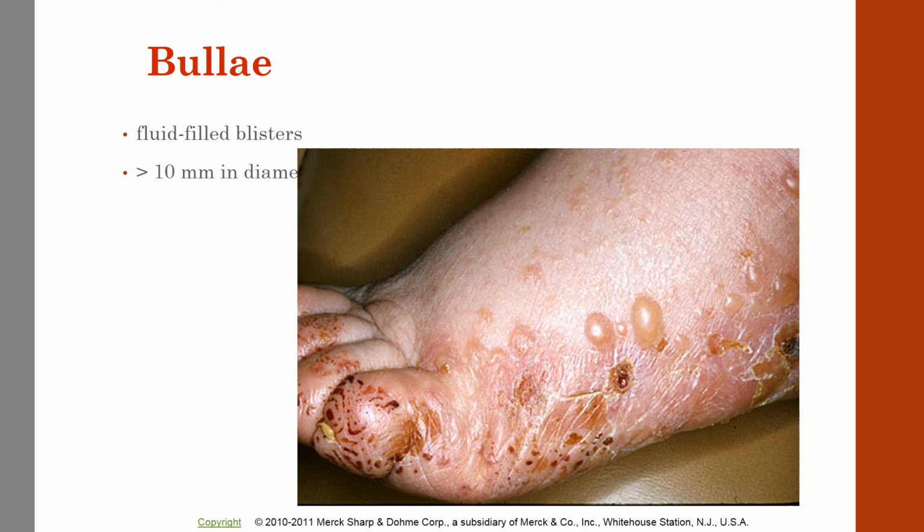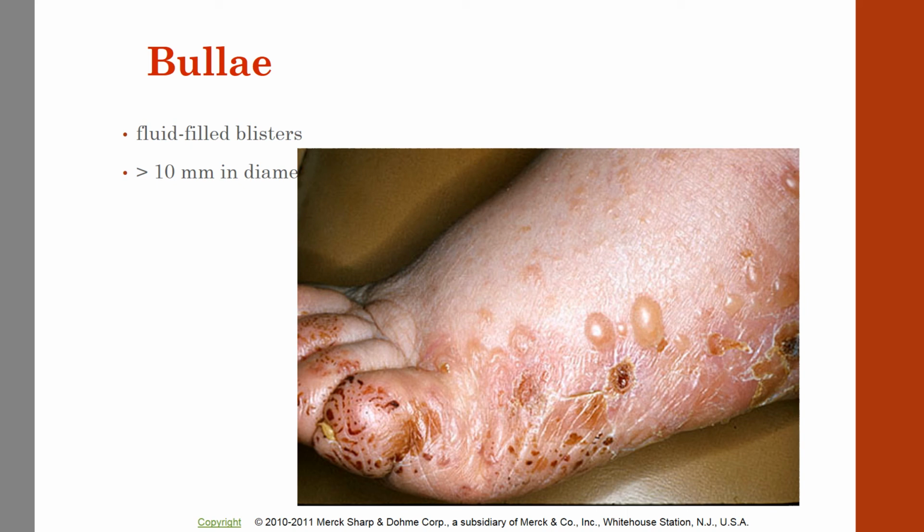Okay. Bullae. And so it's something burned. This is not like the blisters from a shoe; something else is going on, and most likely it's a burn.